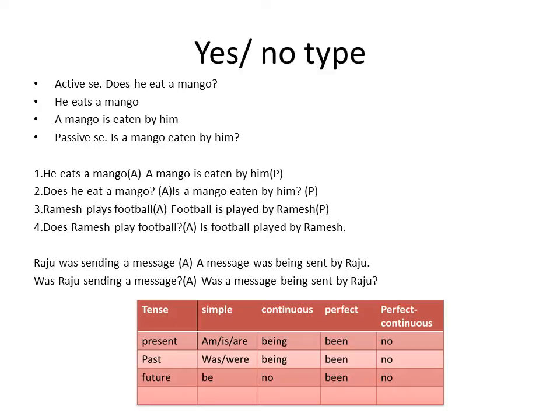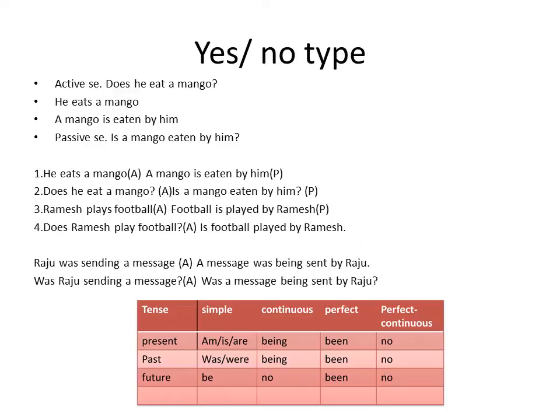Let's see how to transfer a sentence from active to passive. Let's see one example: Does he eat a mango? It is a yes/no type question. Why? As we have seen, the sentence starts with an auxiliary verb like do, does, did, can, could, have.